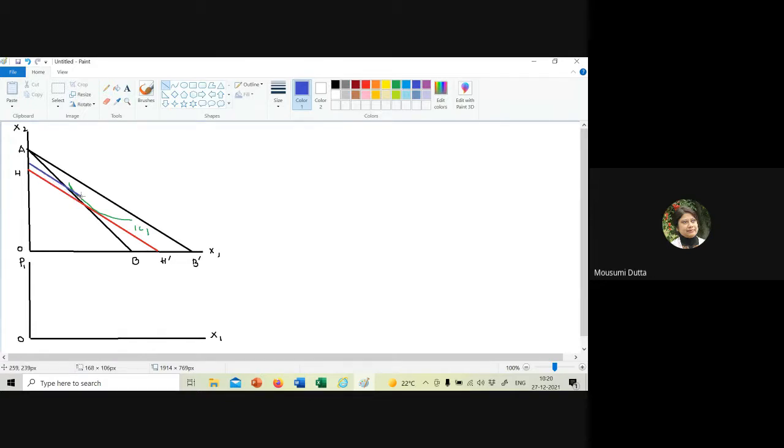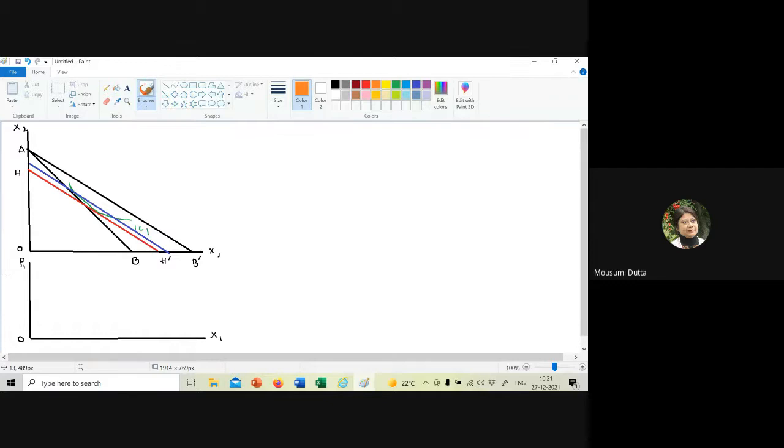Okay. Now I'm drawing a line parallel to AB prime and HH prime, which will pass through the initial purchase point P. So draw a budget line passing through the initial purchase point P. And now I'll draw another indifference curve.